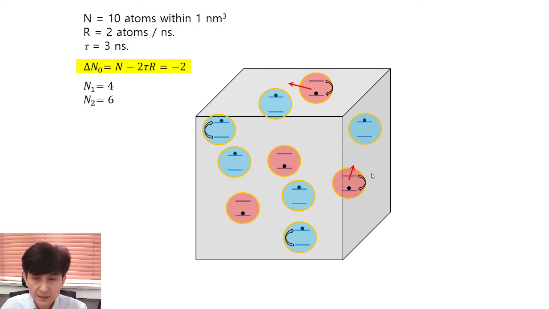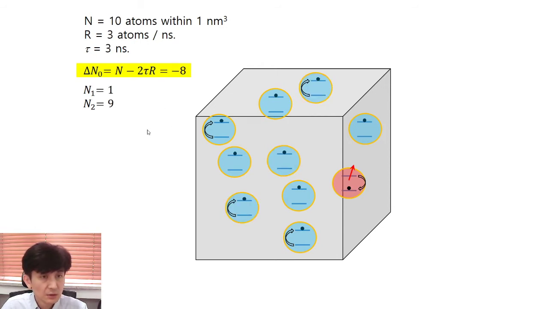represented with red circles. And if we further increase the pumping rate to 3, then we have delta N naught equal to minus 8. That means N1 is 1 and N2 is 9.